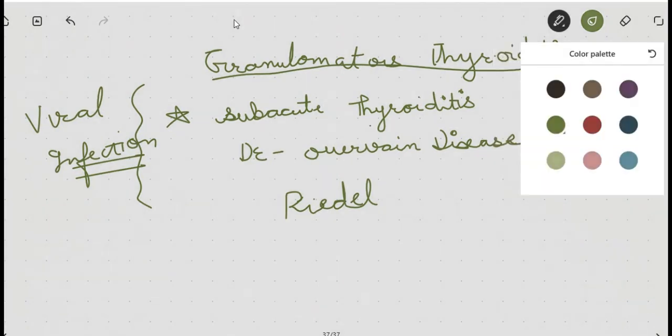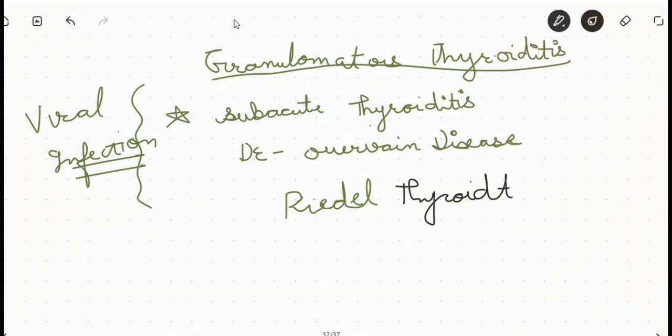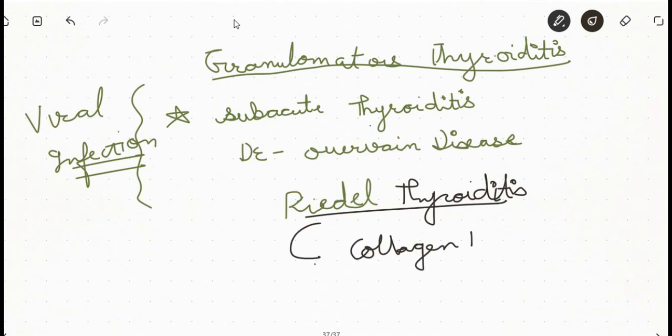Other important term is Riedel thyroiditis. It is a very rare cause of goiter which is supposed to be collagen disorder. So it is a rare form of thyroiditis that is due to the collagen disorder.